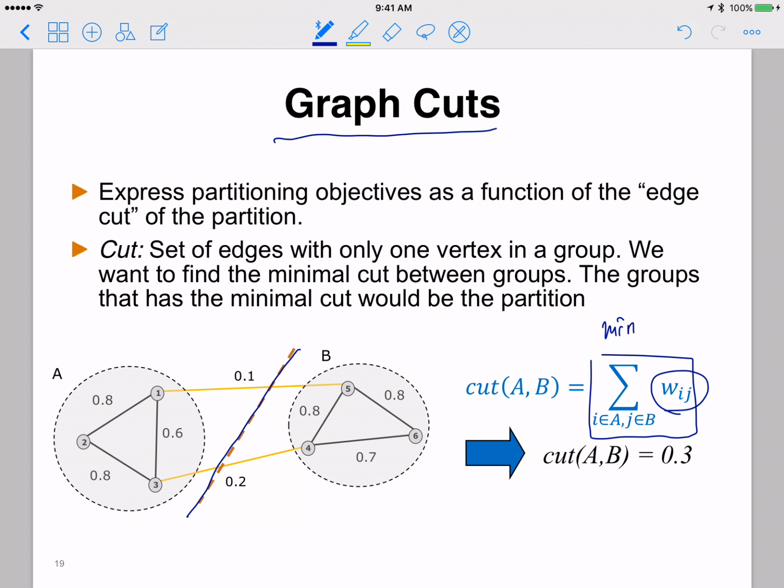So in this case, since we have only one node, the total cut measure, 0.3 plus 0.1 plus 0.4, is divided by 1. But what if we had maybe 4 nodes on this side, then it will be divided by 4.